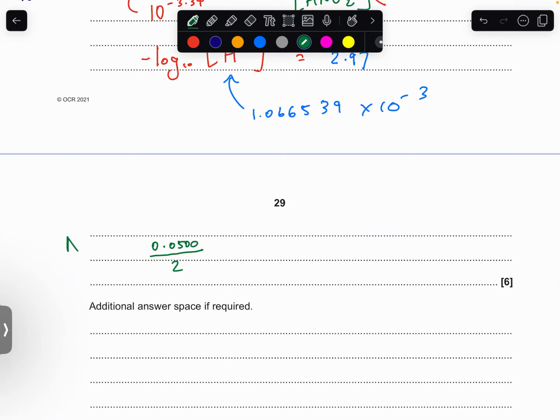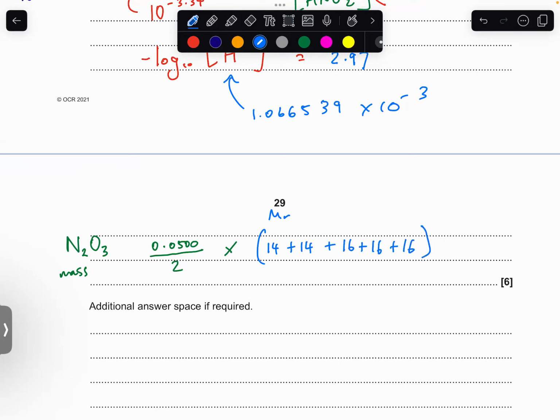And this is for the N2O3 mass. That divided by 2, and then we're going to multiply that by the Mr of N2O3, which will be 14 plus 14 plus 16 plus 16 plus 16.